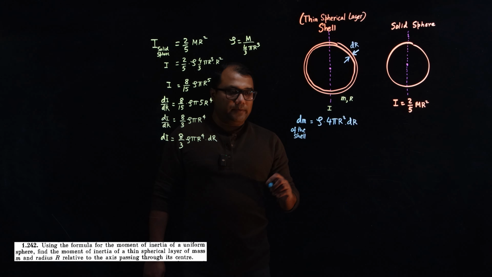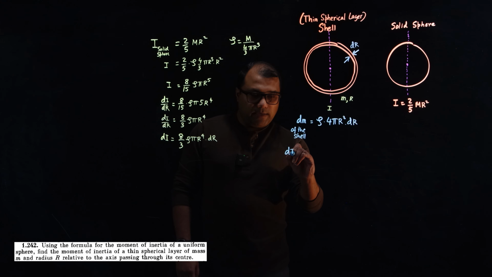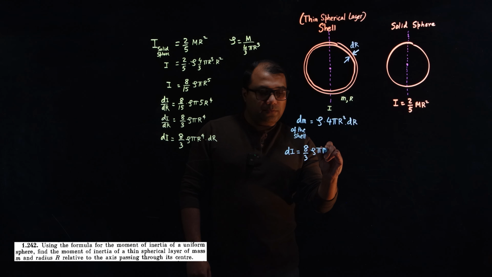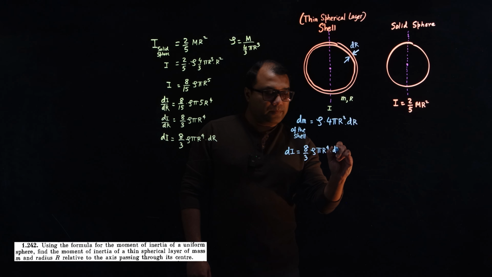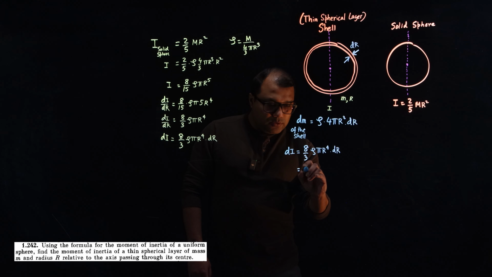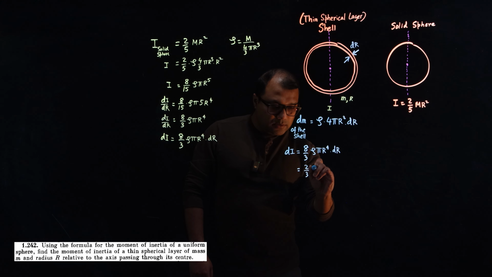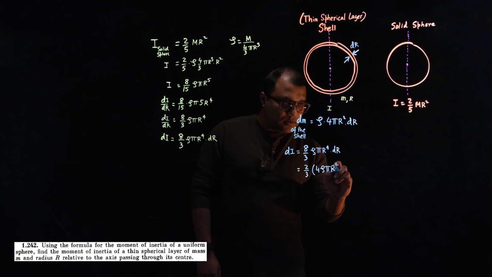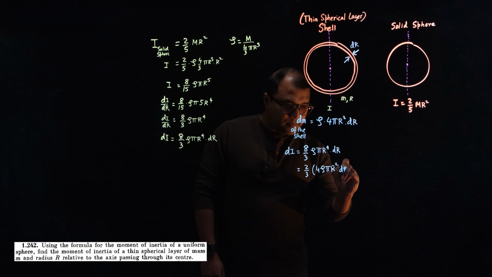Now let's look at here. Di, we said, is 8 by 3 rho pi r to the power 4 dr. If I can separate out, so let's say 2/3 times 4 rho pi r square dr times r square.